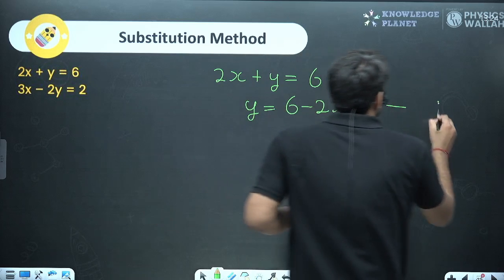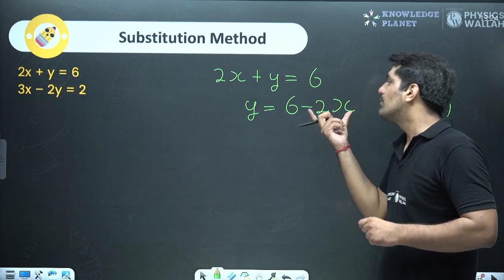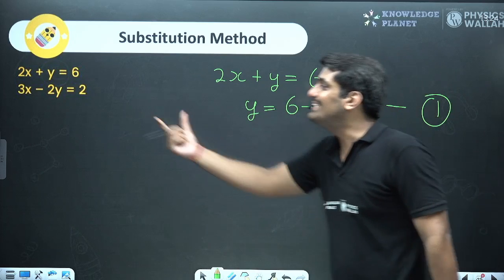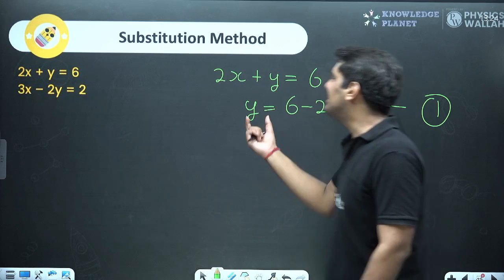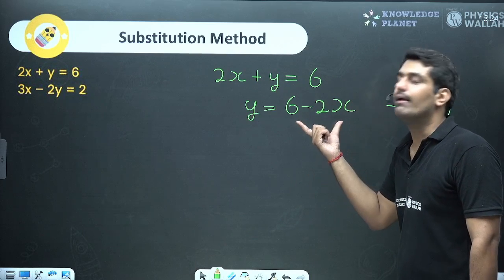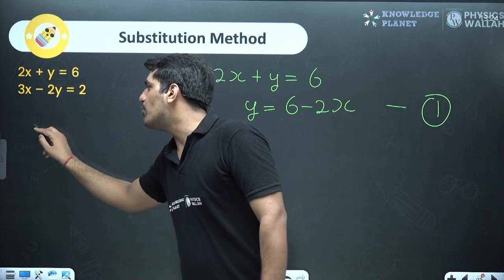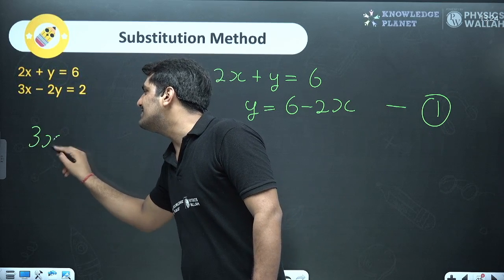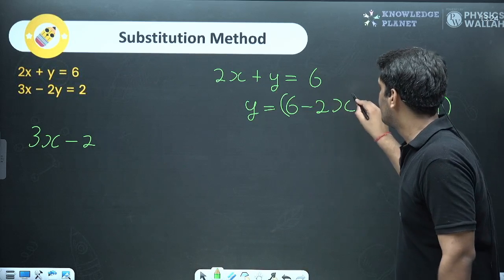Done. Now in the second step, we have to replace the value of y with this value in terms of x. So let's take the second equation. This is 3x minus 2y equals 2. I'll replace the value of y with this value over here. So putting the value of y over here, 3x will remain as it is. I am putting the value of y, replacing it with this value.